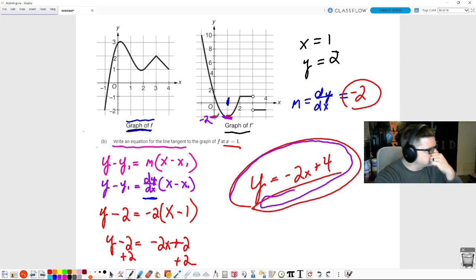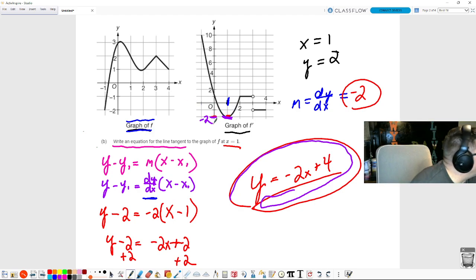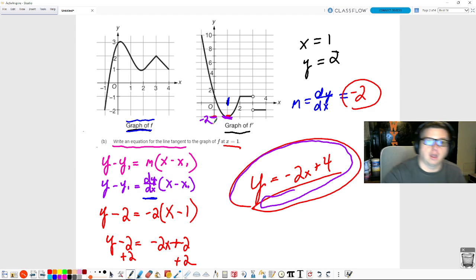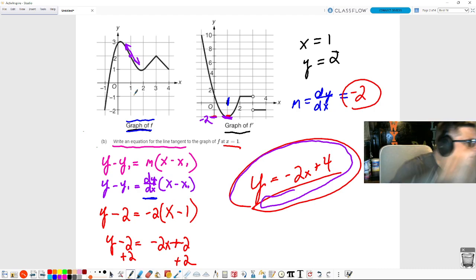And so understanding what graphs, I don't get it. Why is this slope -2? Okay. So when we look at this, we're looking at this point right here and the slope of the tangent line. So is that slope going to be 0 there, or is it going to be a negative slope?